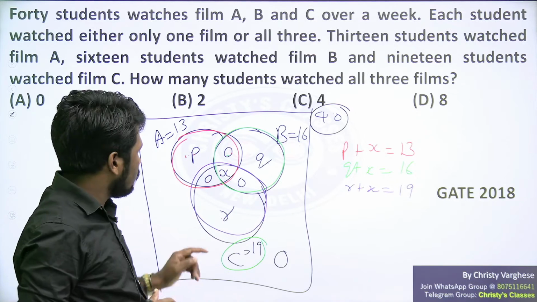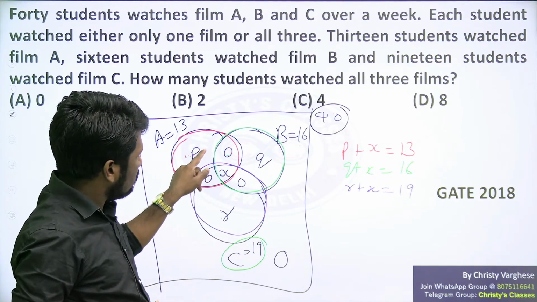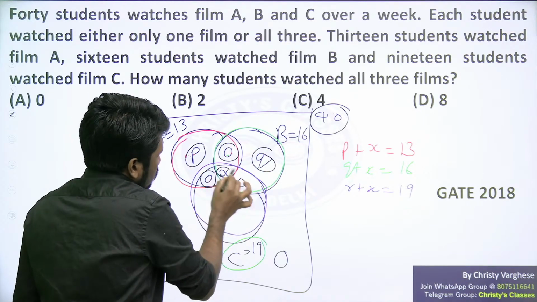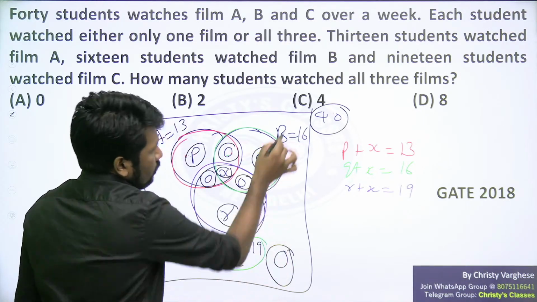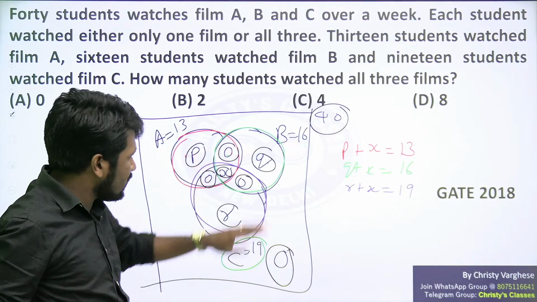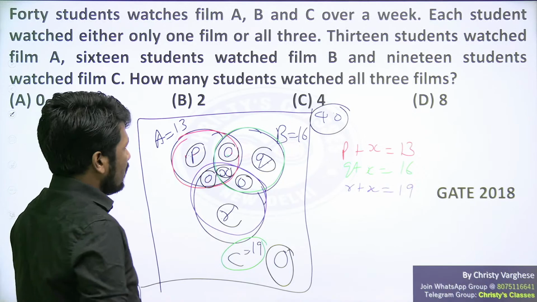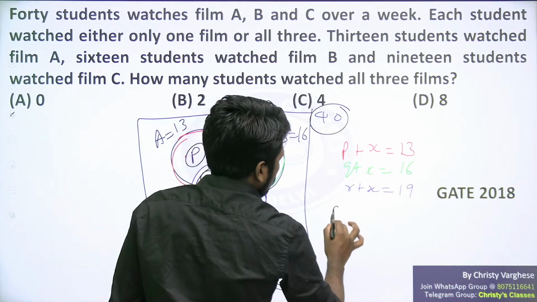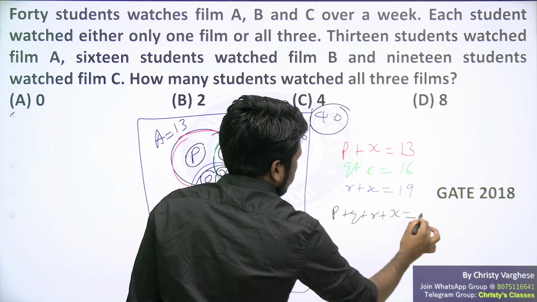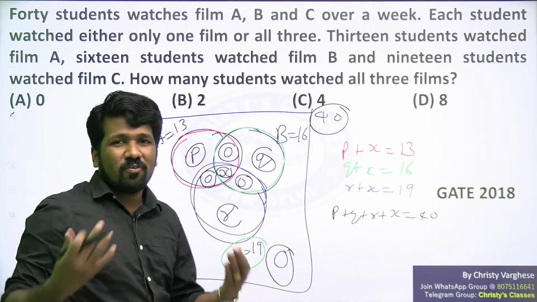All these separate elements added up will be 40, because that is the total number of students. These are all distinct, disjoint sets. So P plus Q plus R plus X is equal to 40. That is what you call the union formula and all.